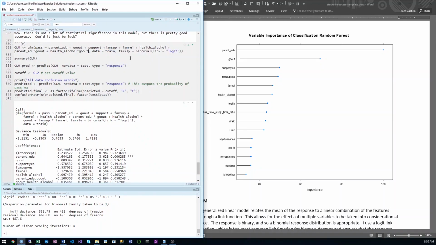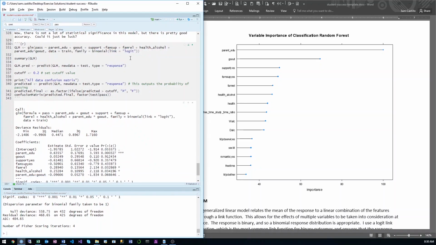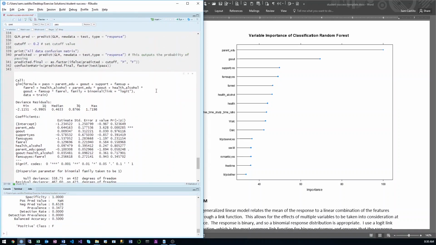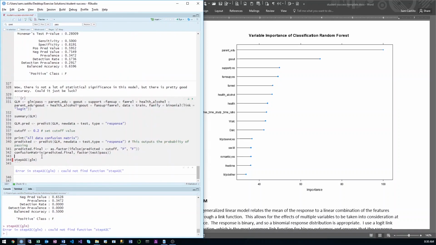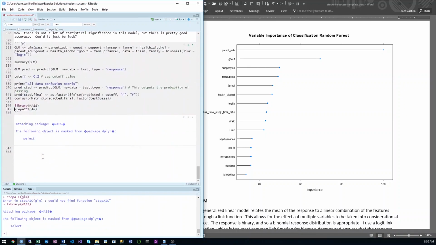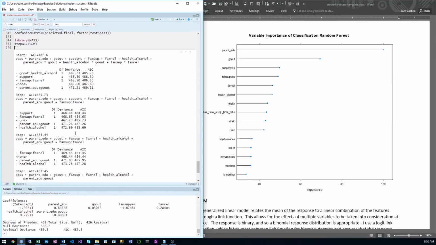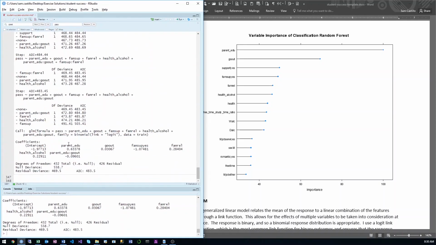So let's just get rid of a few, and actually let's be smarter. Let's use step AIC. And I have to load the library MASS, because that's the library that has the step AIC function. And this results in parent edu, go out, family support, family relation, health, alcohol.